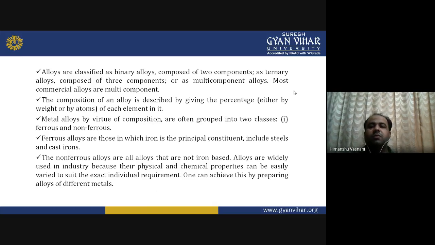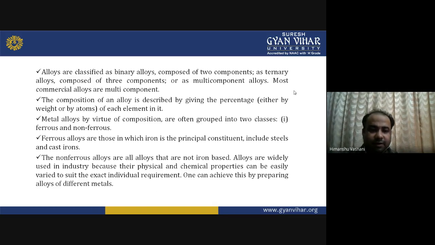The composition of an alloy is described by giving the percentage, either by weight or by atom, of each element in it.